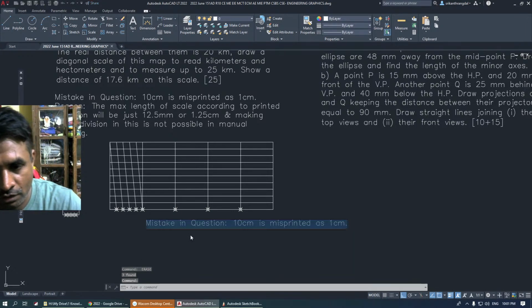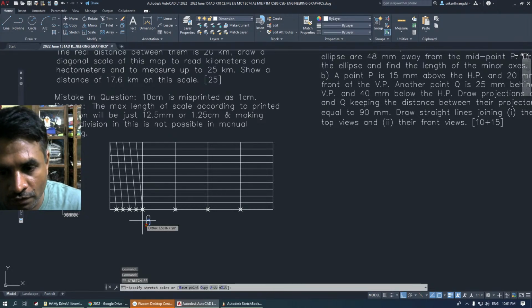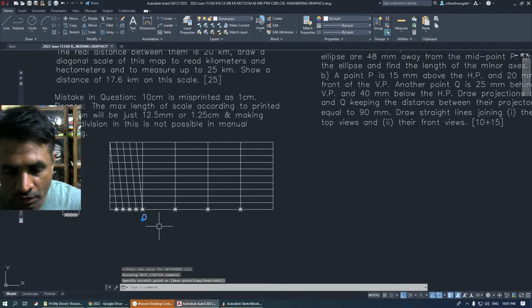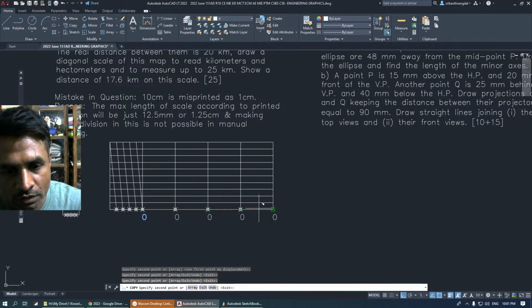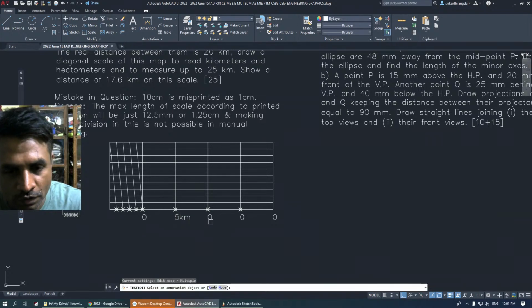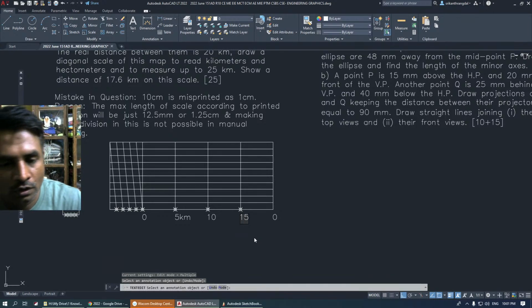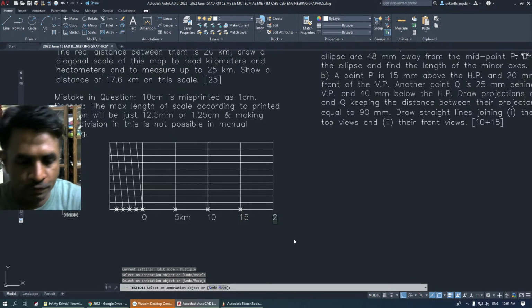So we're starting with 0 kilometers here, located exactly here. Each division is 5 kilometers, so this is 5 kilometers, this is 10 kilometers, this is 15 kilometers, and this is 20 kilometers.